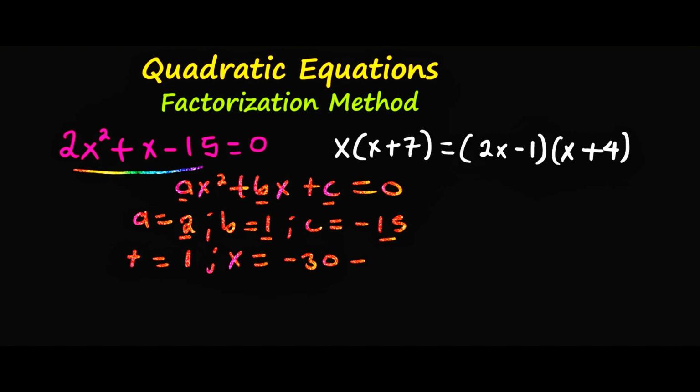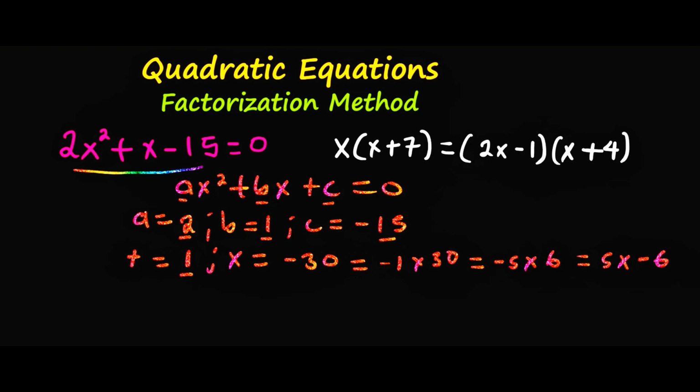You can get negative 1 times 30. It can also be negative 5 times 6, or it can be 5 times negative 6. But you have to identify which one will give you a sum of 1.